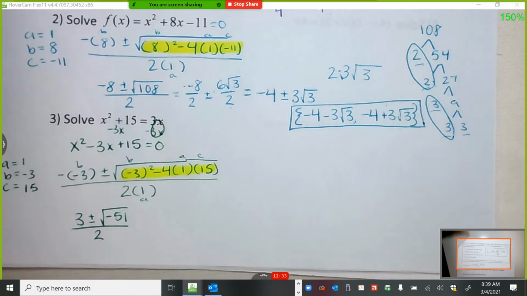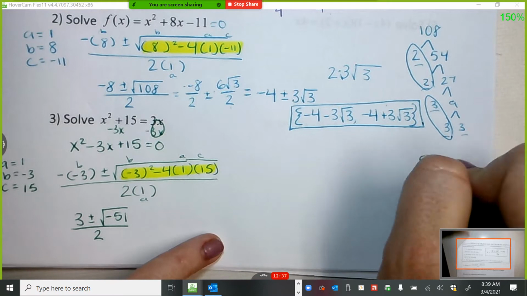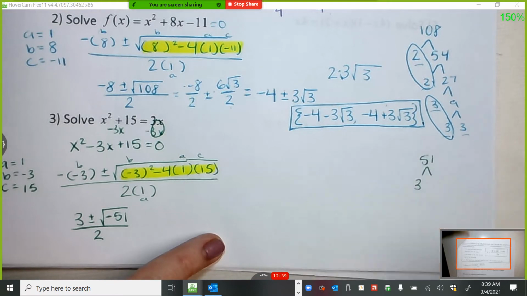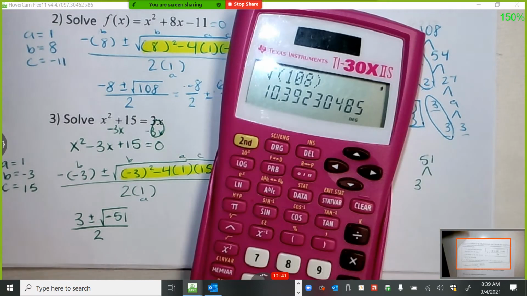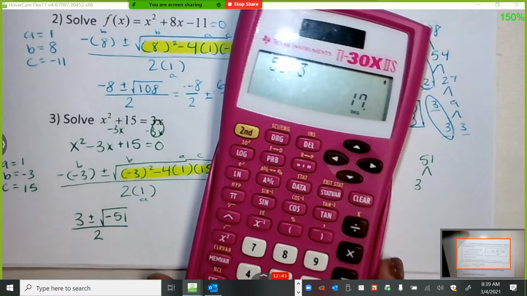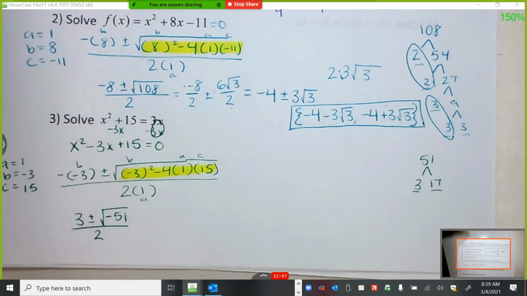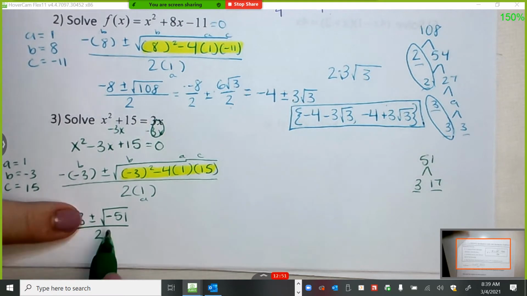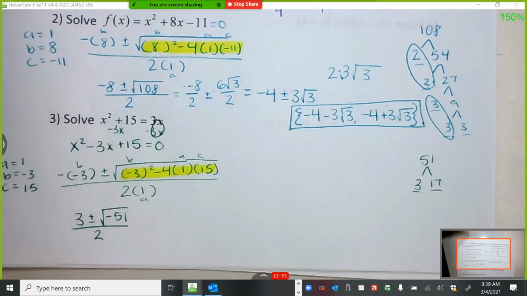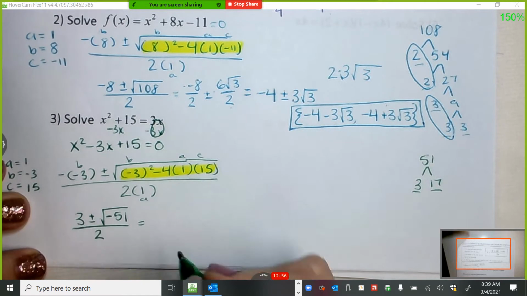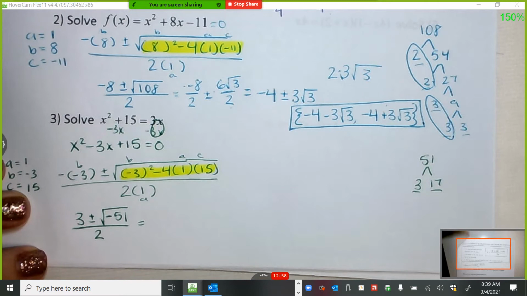Now, can 51 simplify? Actually, 3 goes into 51. But 17 times, and 3 and 17 are prime. So there's no pair, so no, you can't simplify that. But what can we do? Take the negative out and put a what in front? An i.